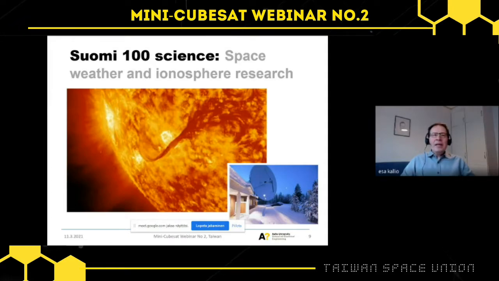There are many such devices on the ground in Scandinavia, in Finland, or northern Finland, to do space weather research. Here you can see one of the EISCAT antennas.